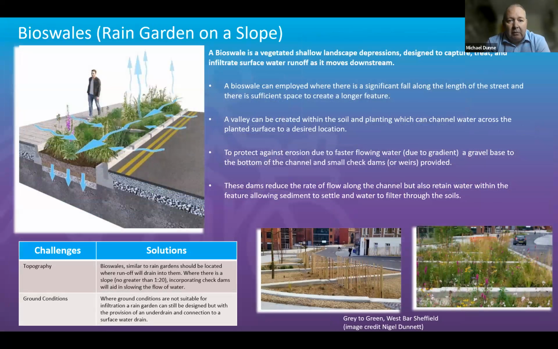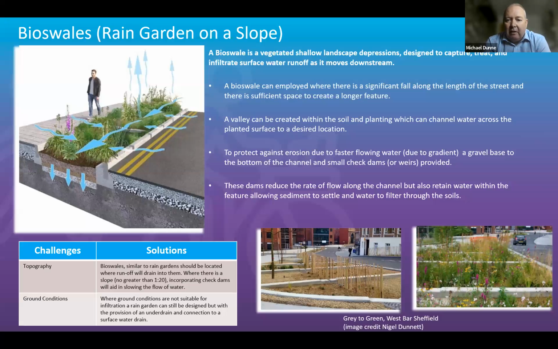So bioswales, which I've put in brackets, are basically a rain garden on a slope. These are more suited to more linear schemes, so basically cycle tracks and cycle lanes, where we can introduce bioswales. Generally you can put a valley in the middle of the soil and planting, and these can channel the water to the desired location.